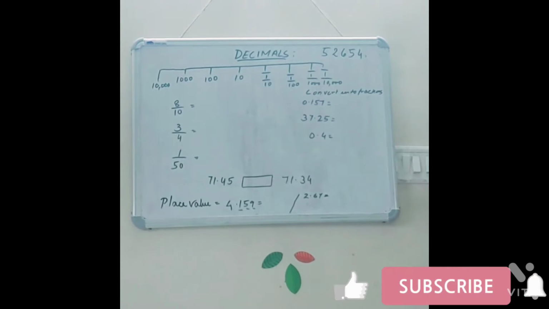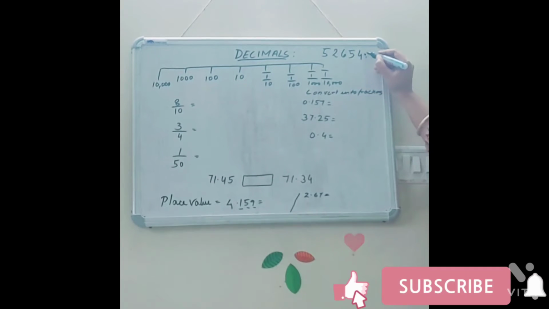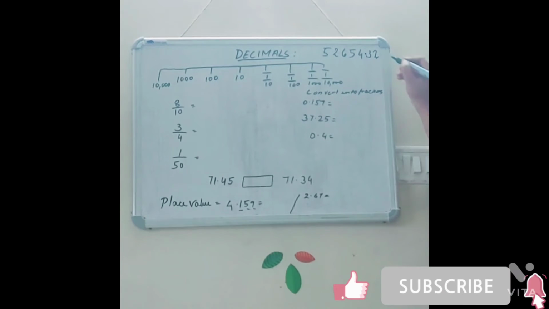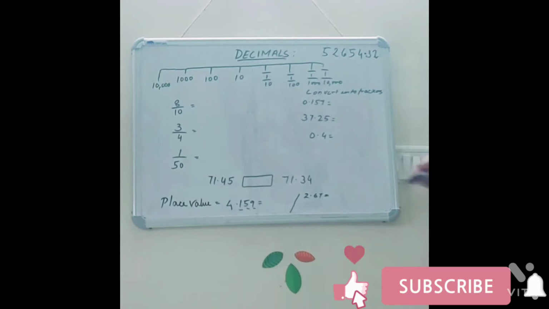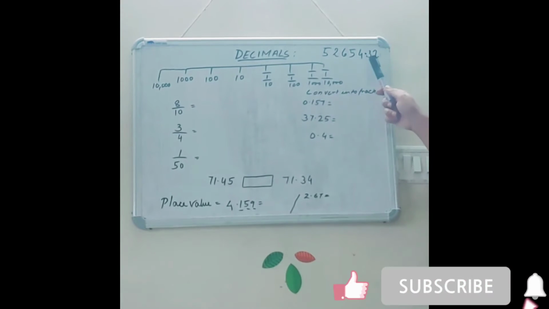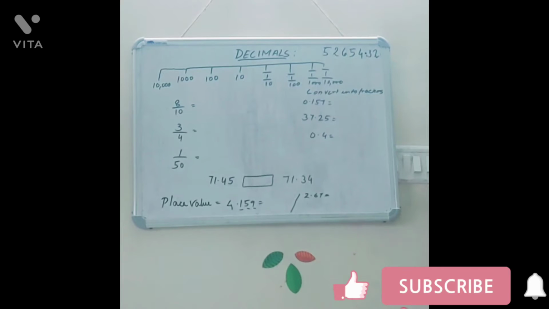So if we write this number 52654.3232, what is the place value? It is 50,000, then 2,000, then 600, 5 tens, 4 ones, plus 3 by 10 and 2 by 100.